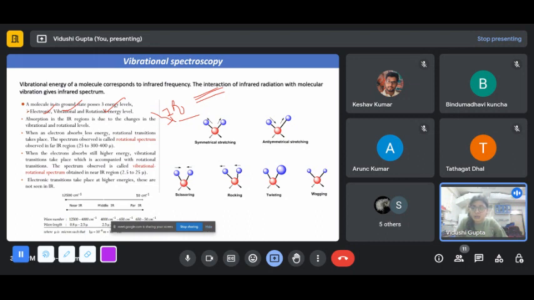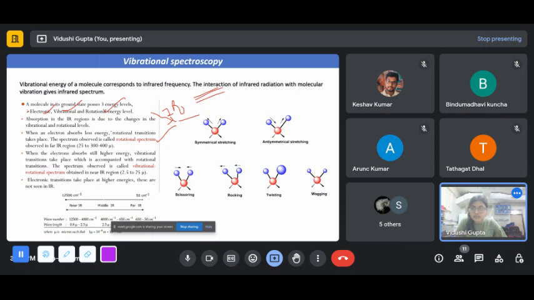When a molecule absorbs less energy, rotational transitions take place, and the spectrum observed is the rotational spectrum. When it absorbs higher energy, the vibrational transition takes place along with the rotational transition, and the spectrum observed is the vibrational-rotational spectrum.